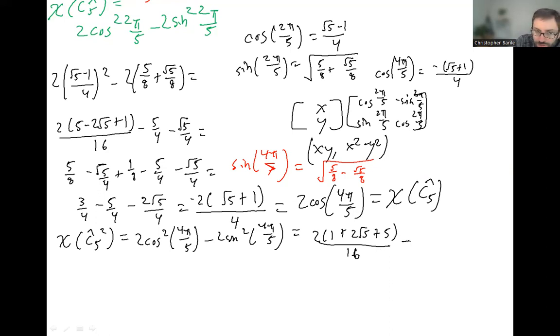And then we do the sine squared part, where it's just this quantity squared. So this one's a little bit simpler to do. Just 2 times 5/8 minus the square root 5 over 8.